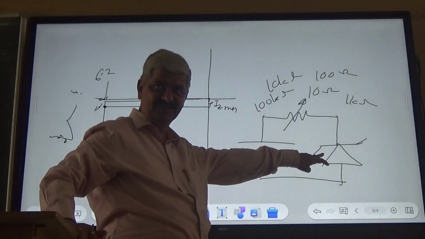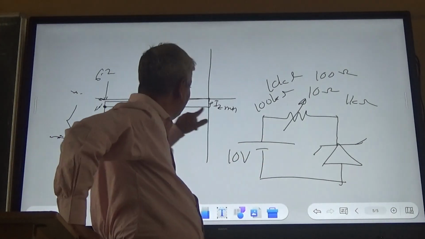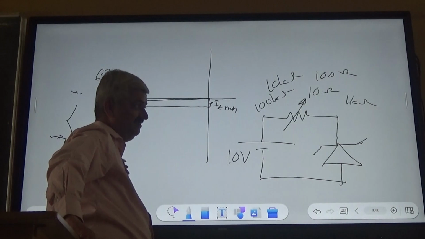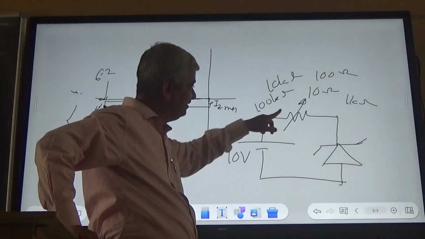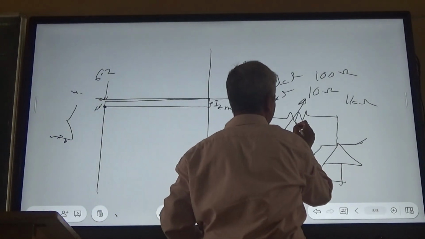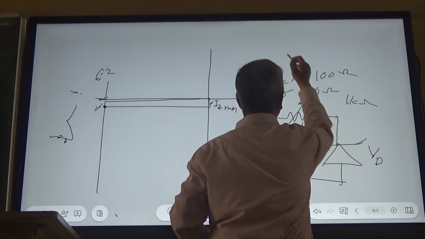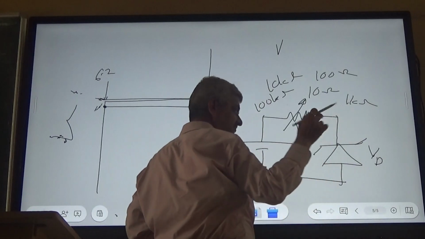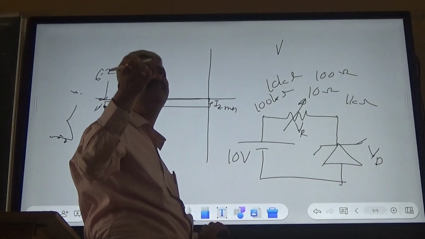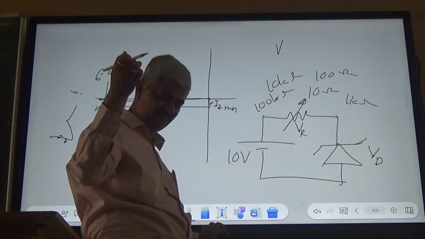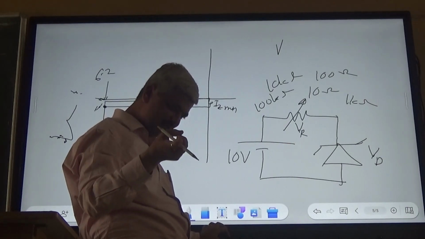This Zener has a graphical characteristic. This resistance is a linear device. So this is VR, and VD I can say, because VZ is normally used as the rated voltage, and to avoid confusion.